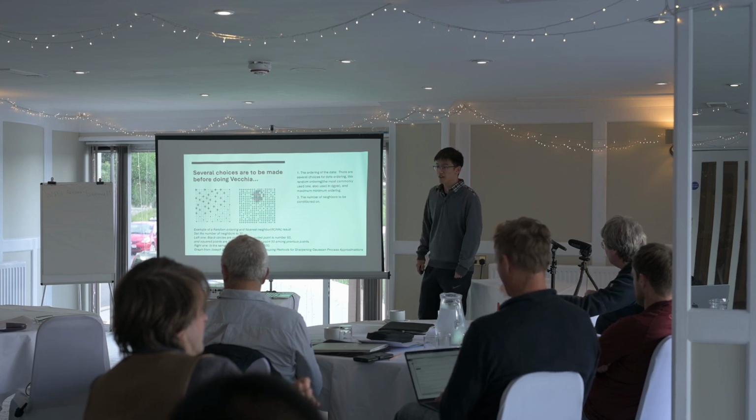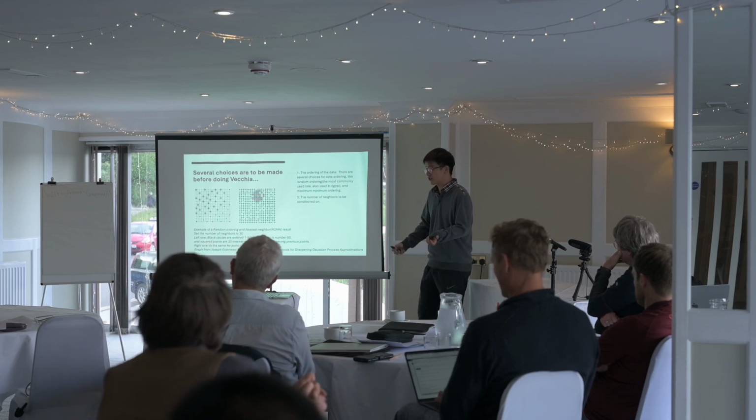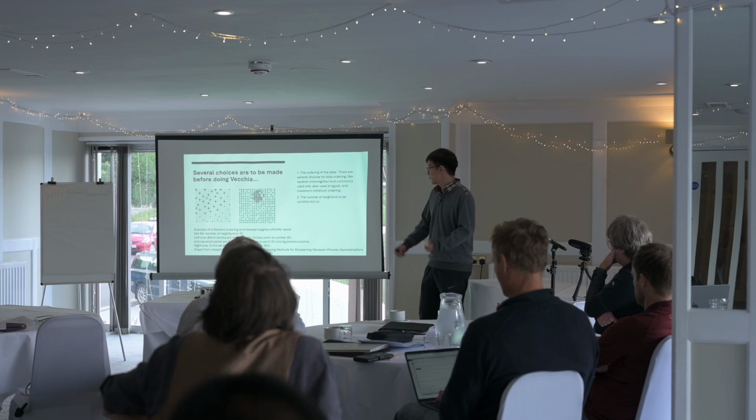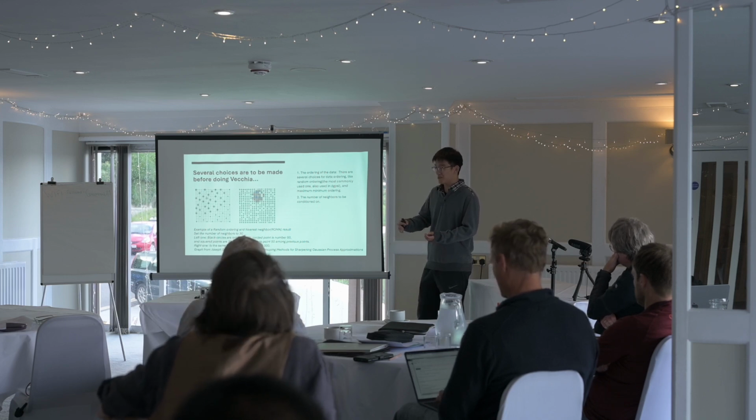And the second choice that you have to make is the number of neighbors to condition on. It's quite obvious that the more neighbors you choose, the slower the computation will be. You might also imagine that the more neighbors I choose, the more the prediction accuracy will increase, but that's not the case.